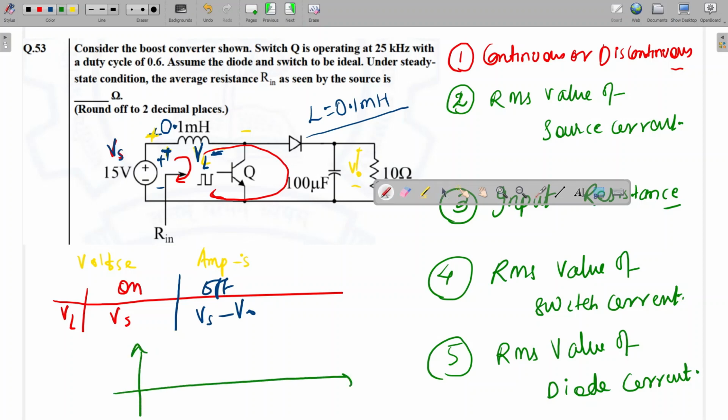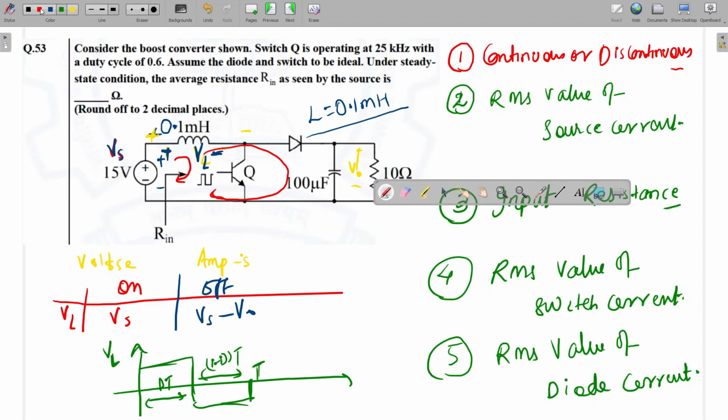This is Vs, and since the boost converter output voltage is more, Vs minus V naught will be negative. This is dT, meaning the switch is on, and this is (1 minus d) into T, when the switch is off, and this is the total time period.